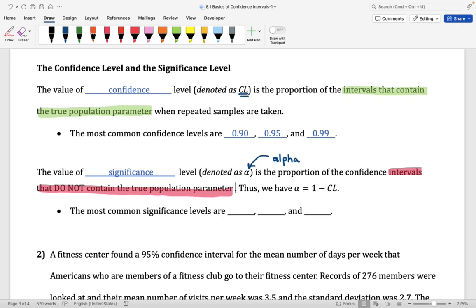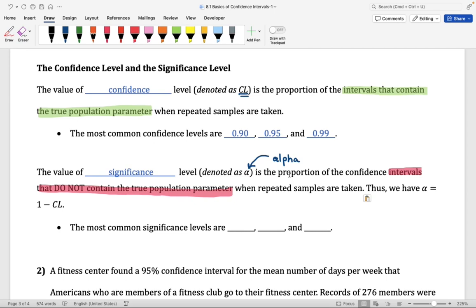Here I should add when repeated samples are taken. We're not just talking about one interval. We're saying if you repeatedly take samples from the population, you find the mean and you find confidence intervals with those means, then the significance level is going to be the proportion of confidence intervals that do not capture the population parameter.